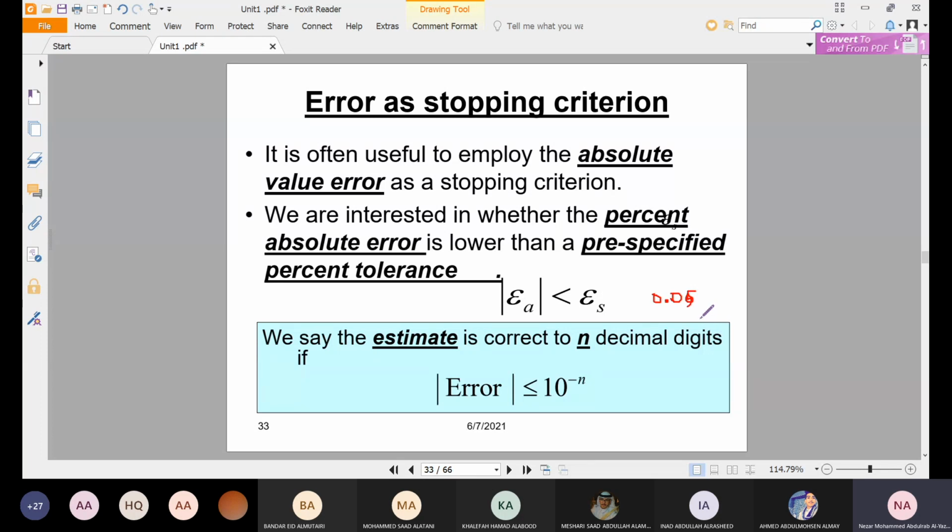For example, this error is now accepted. If the error is, for example, 9%, no, this error is still big. It's not accepted. I want the error to be 0.05% or below. So we determine the number of digits that we need, and after that we use this formula.